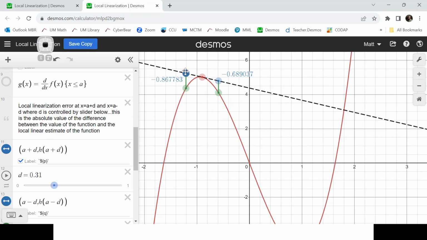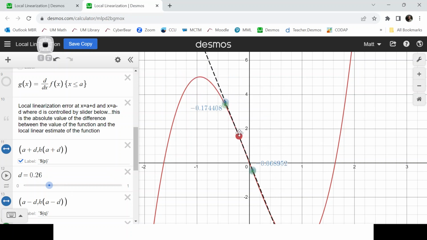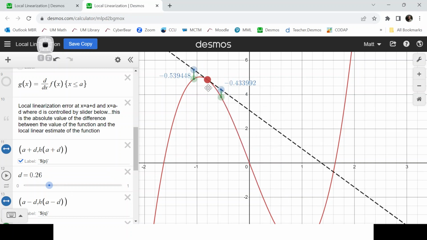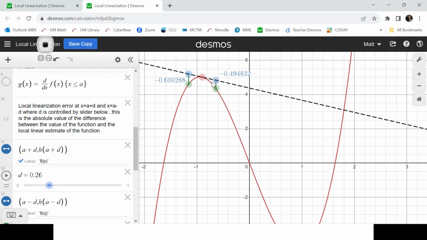So these differences are something that we would want to pay attention to if we ever were to linearize a function and use local linearization in an application, because we'd know that the black line would not be a very good predictor of the red function, if we were even this far away from the point of linearization, at least if we were in that neighborhood. Now, we'd have no problem if we were in this neighborhood, right? So I hope that makes it clear that these blue numbers are really important for us to pay attention to.